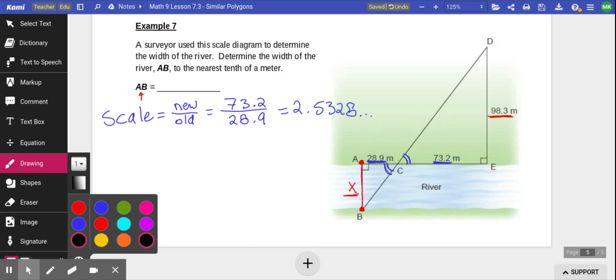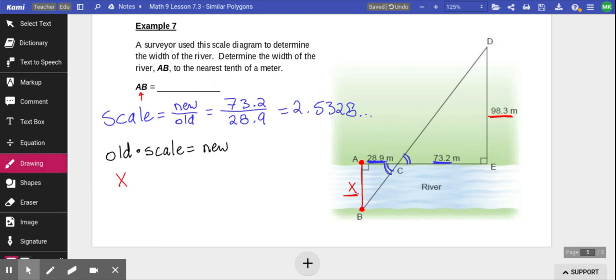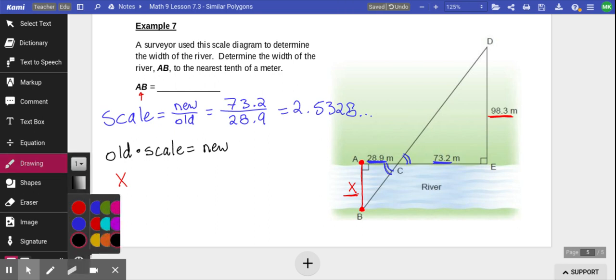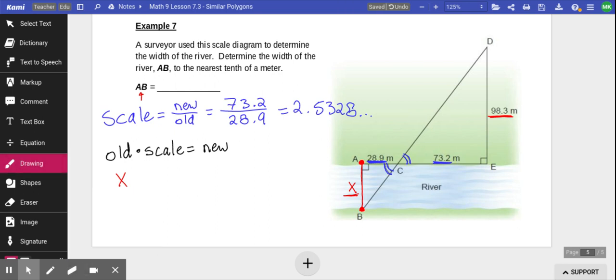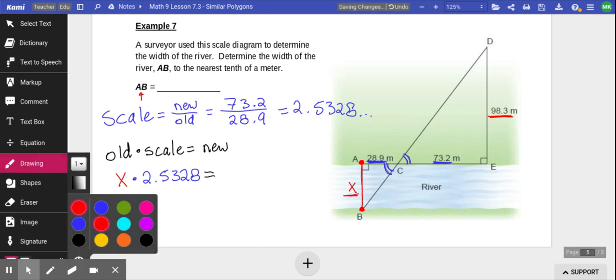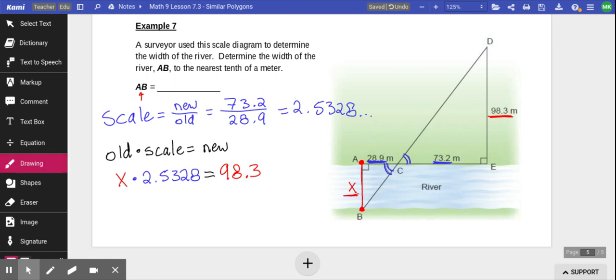I then use that scale by doing old side length times the scale equals the new side length. My old is X, because I called my little one my old triangle. I then multiply that by my scale, which was 2.5328. And that should equal my new side length, which on our big triangle, that was 98.3.